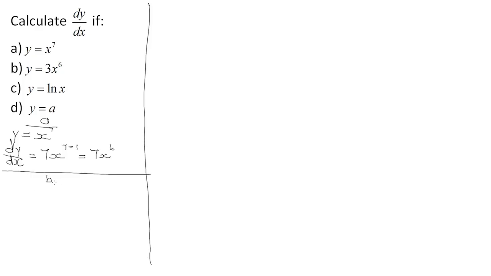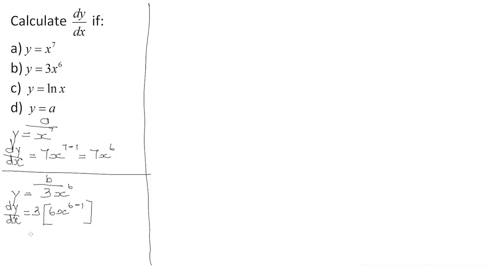Let's look at B. y is equal to 3x to the power 6. We're going to apply exactly the same rule as before. dy/dx is equal to, let's keep the 3 there, and then use a square bracket, and then obviously exponent x, exponent minus 1.